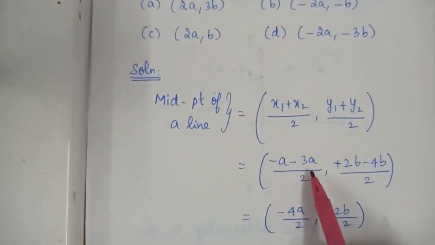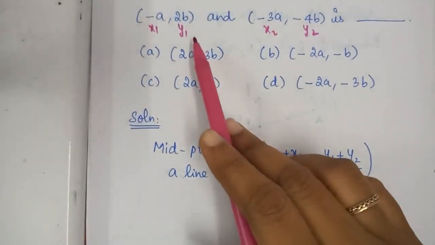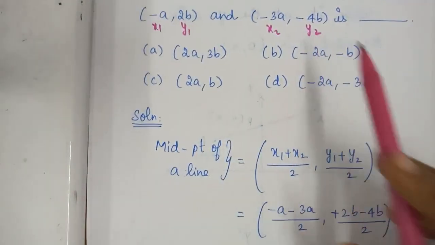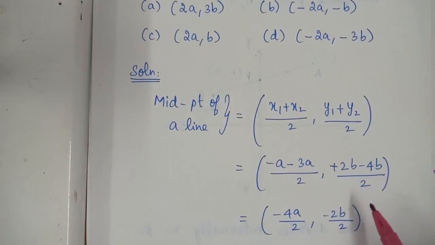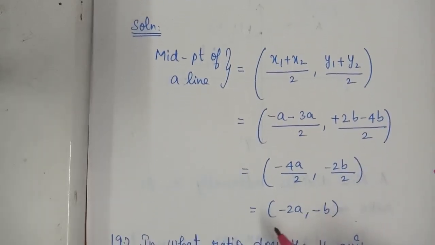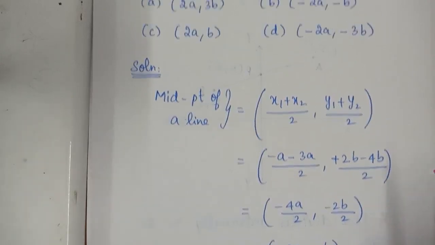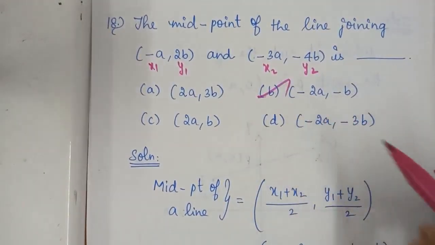You get (-a minus 3a) by 2, and y1 is 2b, y2 is -4b, by 2, which is equal to -4a by 2, and 2b minus 4b is -2b divided by 2, which is equal to (-2a, -b). The correct option is option B.